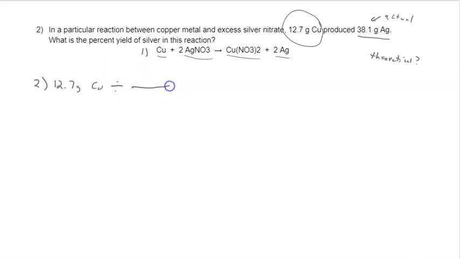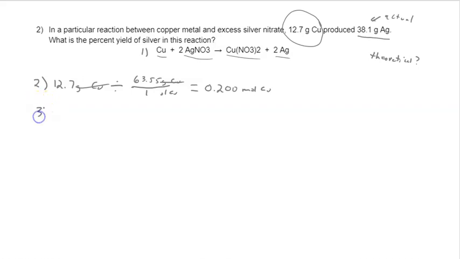The molar mass of copper is 63.55 grams Cu per 1 mole Cu. Now cross off our grams, and that'll get us to 0.200 moles of copper, rounding to 3 sig figs.